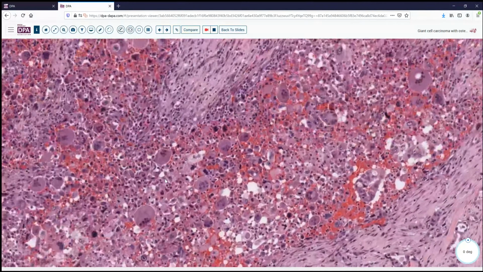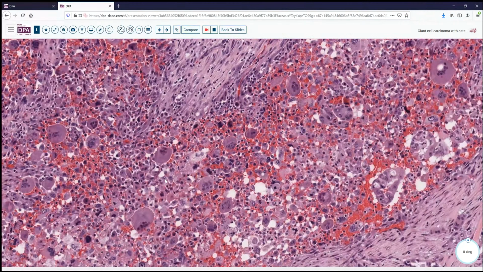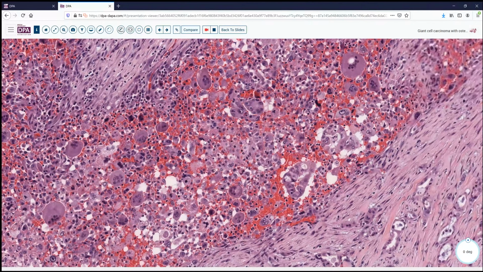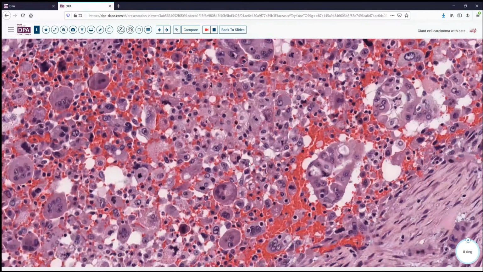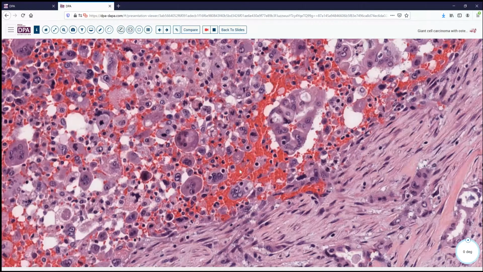As we look at these cells, there are large multinucleate giant cells, but we also have some very bizarre atypical cells along with them, some of which may be histiocytes, but others of which appear to be clearly malignant.